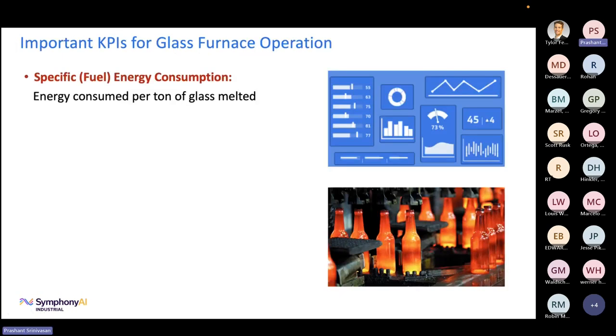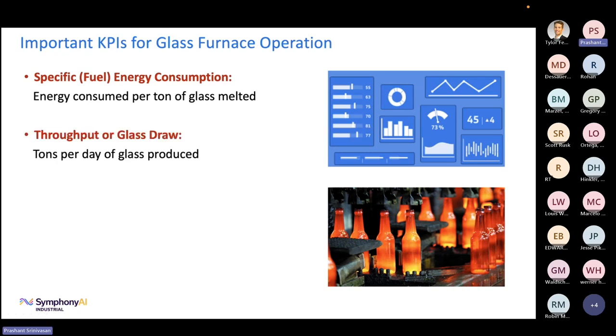So now when it comes to glass furnace operation, what are the main KPIs that would be of interest for an operations engineer or operations manager to focus on? So the first one is specific fuel energy consumption. So this is obviously very important given the energy intensive nature of the process. And this is defined as the energy consumed per ton of glass melted.